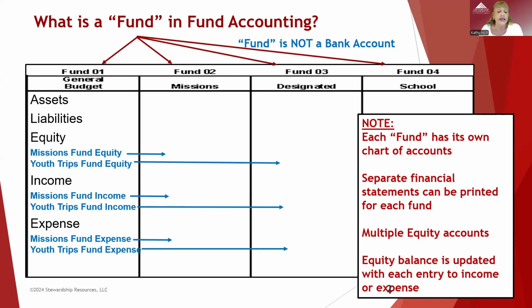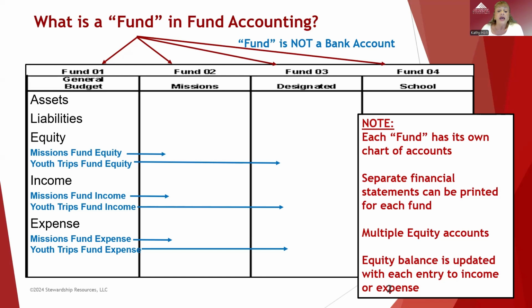The bottom line is, how does a fund accounting program benefit a church? When you're trying to determine what accounting program is better for you, that's a good question to ask. The bottom line is you can print separate financial reports for each fund in a fund accounting program, and using separate equity accounts, track those designated fund balances throughout the year.